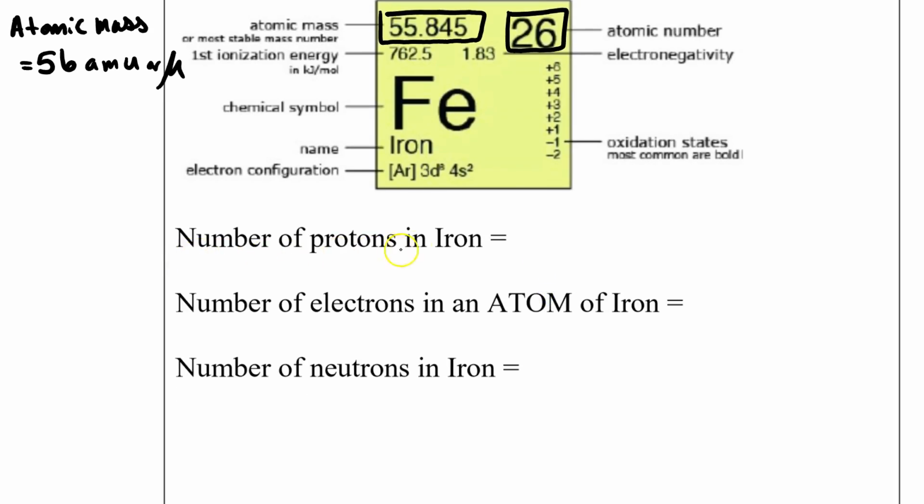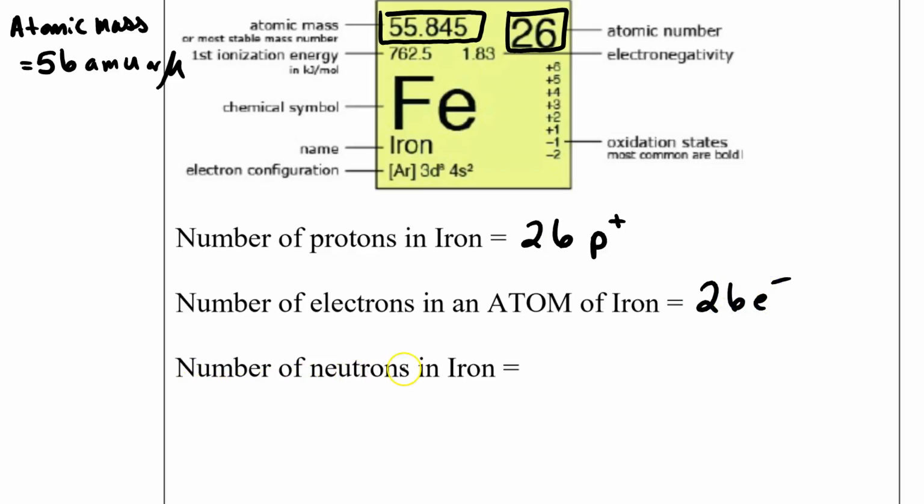The number of protons in iron always goes with the atomic number, so we have 26 protons, so P positive. The number of electrons in an atom of iron, so it has to be neutral. That's a neutral entity, so an atom is neutral. So the number of protons will match the number of electrons, 26 electrons.